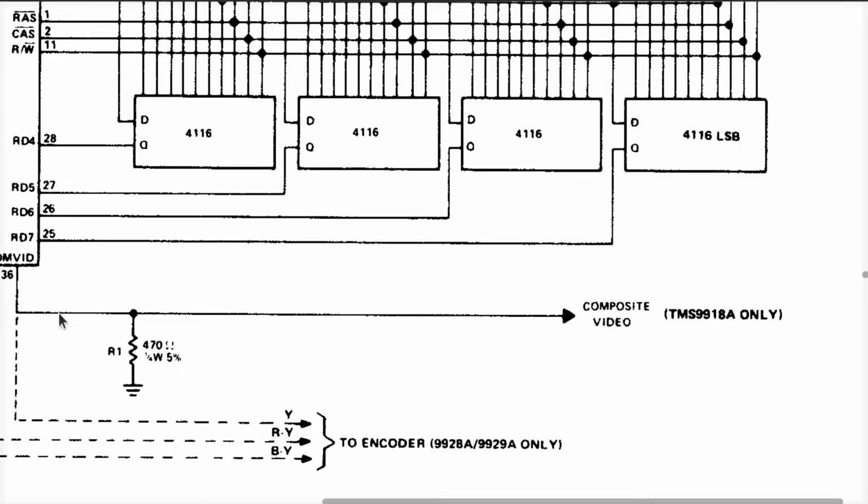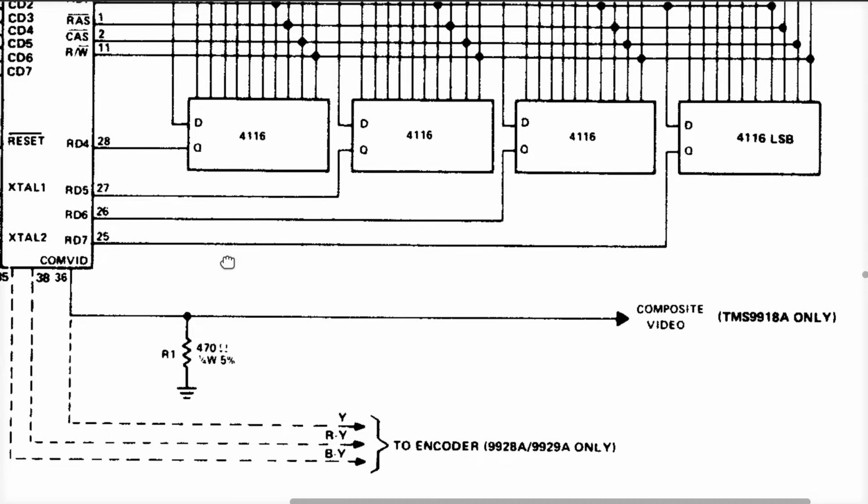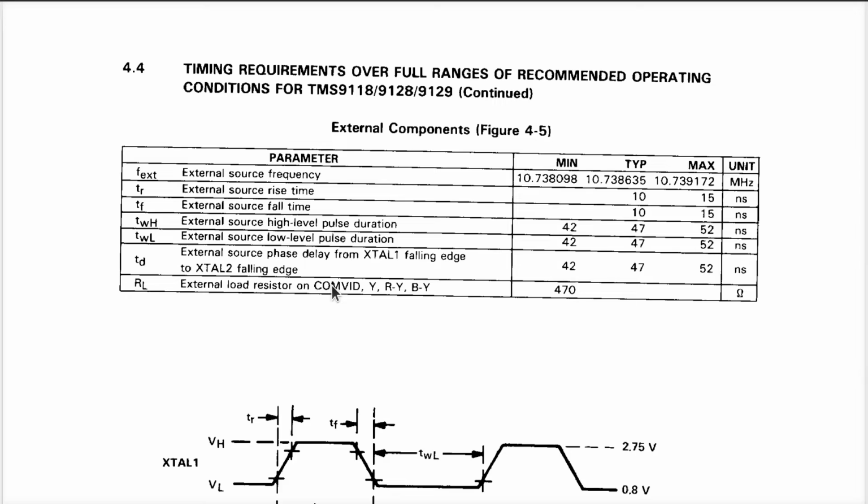Now, to me, this doesn't make any sense at all, because composite video, to me, means you're going to go into something that's got a 75 ohm terminator on the far side. So what's the point of this? It'll lower the impedance even more. And you then look around in the rest of the data sheets. This here being the data sheet for the 9118, or the little bit of it that I can find online that someone posted.